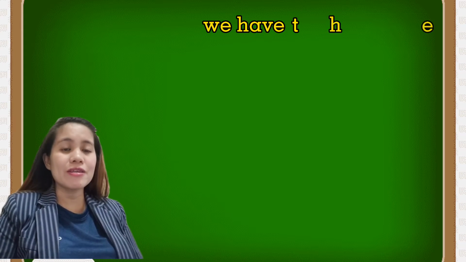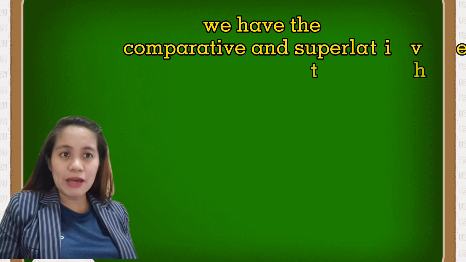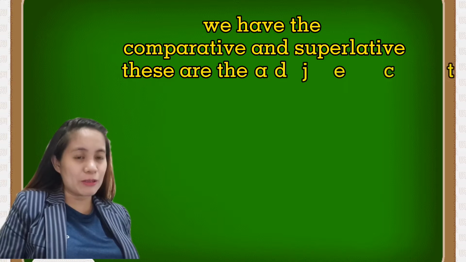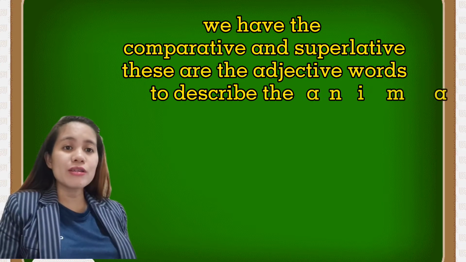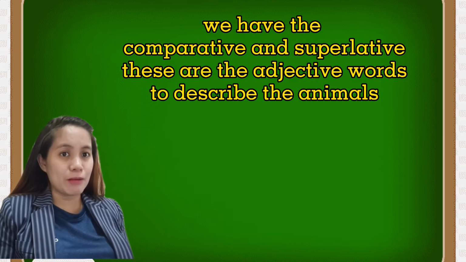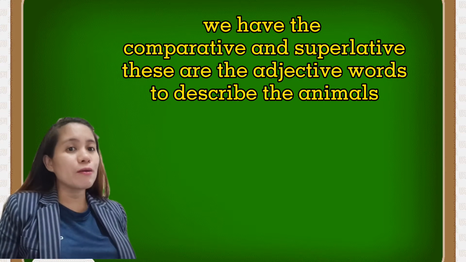We have the comparative and the superlative. These are the adjective words to describe the animals. It's about comparing animals. It is a continuation from the previous topic. So let's review first the vocabulary words.